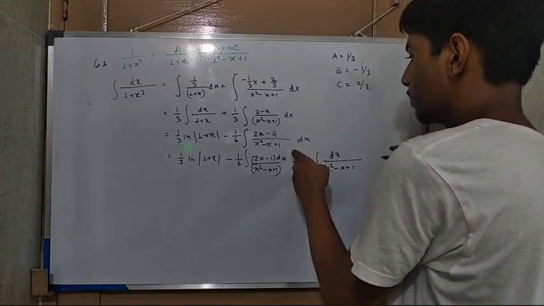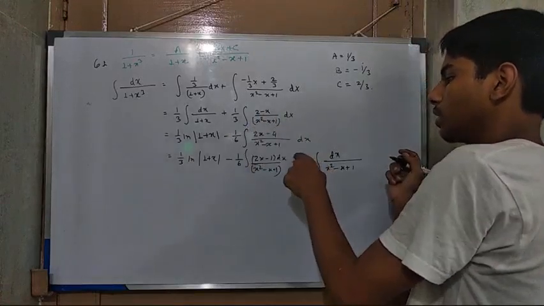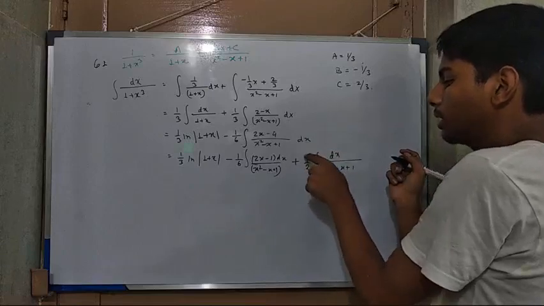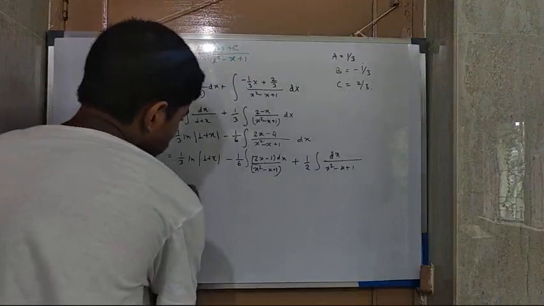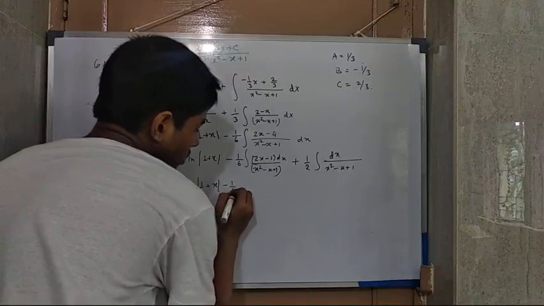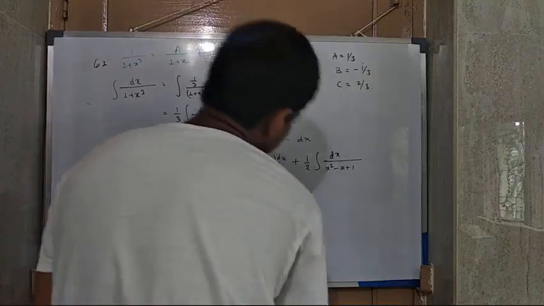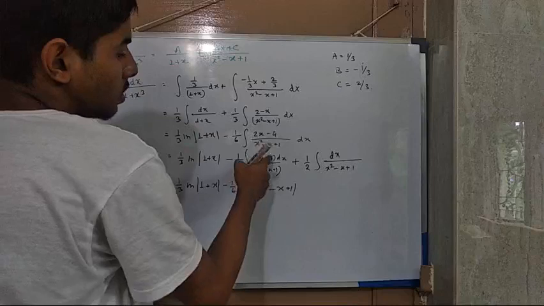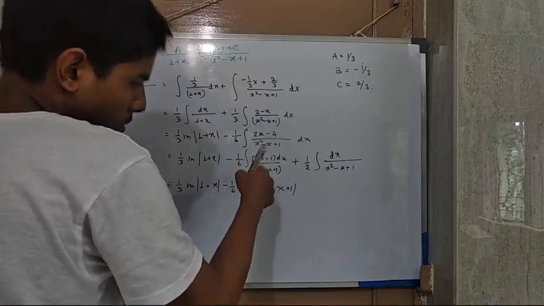If this is minus 3, minus minus will be positive and 3 will come out of the integration and be half. So this is 1/3 ln 1 plus x minus 1/6 ln of x squared minus x plus 1, because 2x minus 1 is the differential of the denominator.